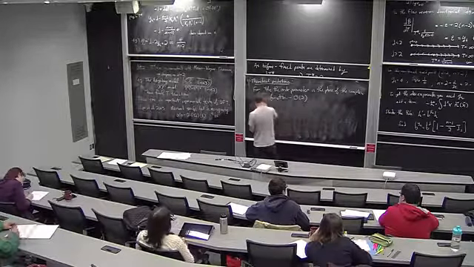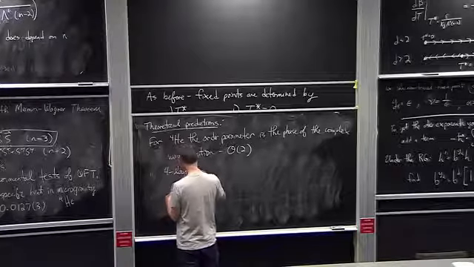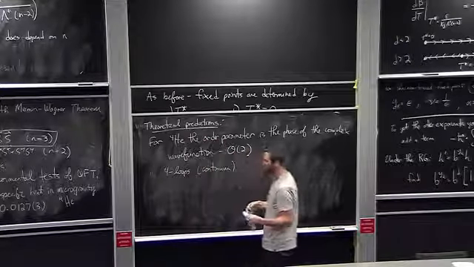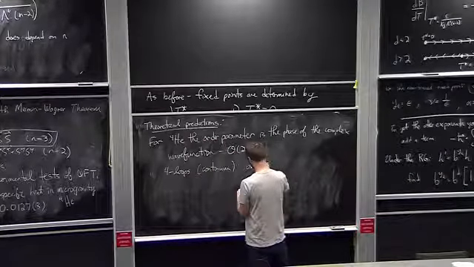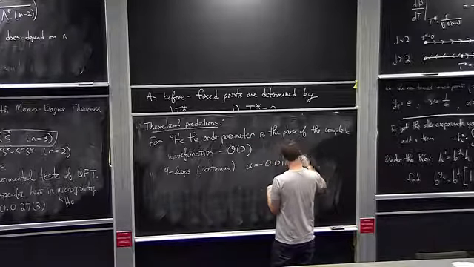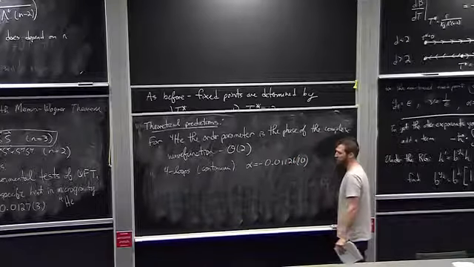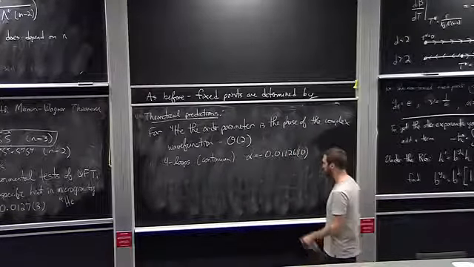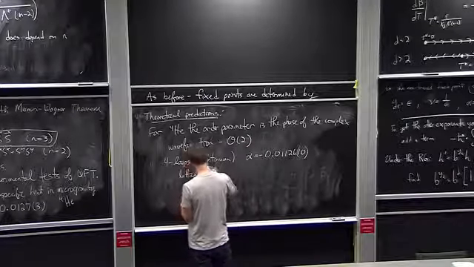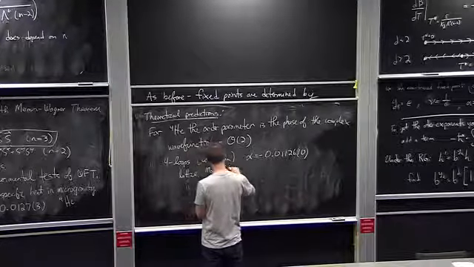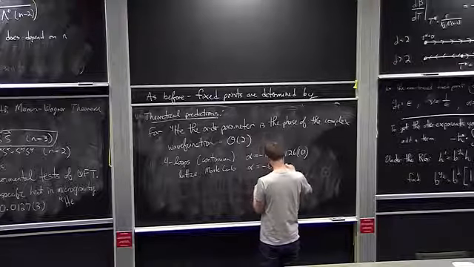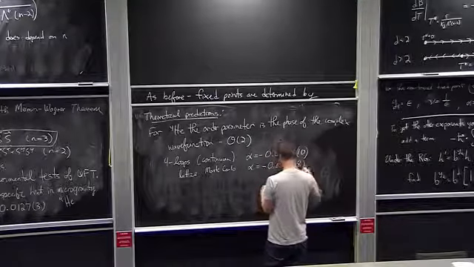So, four loops in the continuum. Basically the sophisticated version of what we're doing here gives 0.01126. It's not bad. The last I heard, lattice Monte Carlo was worse, which I have trouble believing.